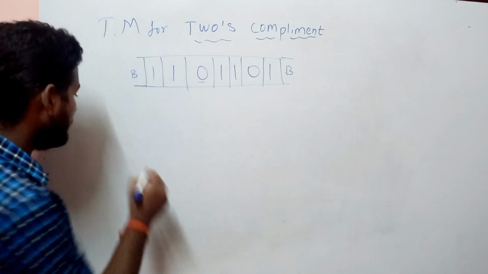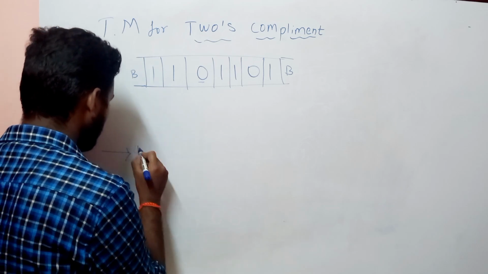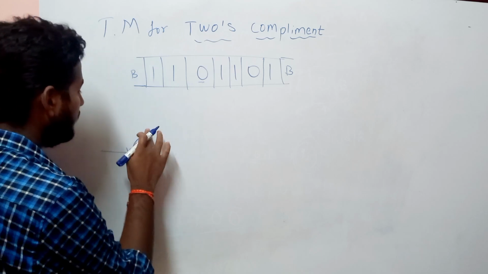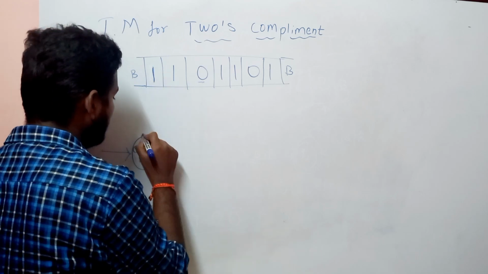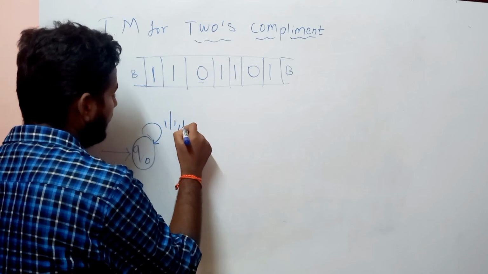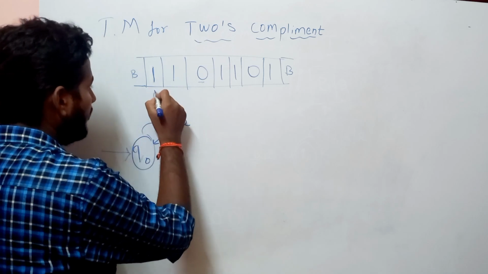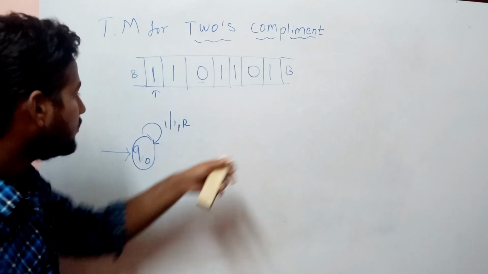Let us see the Turing machine. Q0 is the initial state. If we get 1, this 1 is represented as 1 and it moves in the direction right. Now the pointer is here. The 1 remains 1 and it moves to the right.